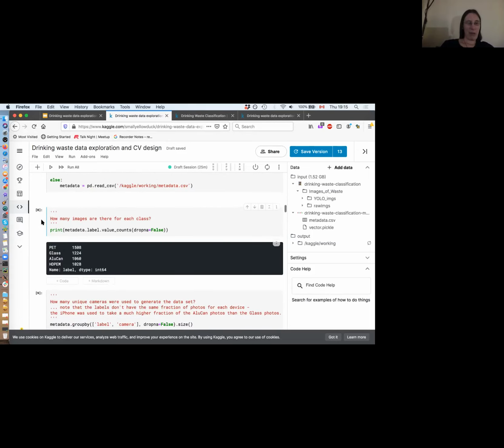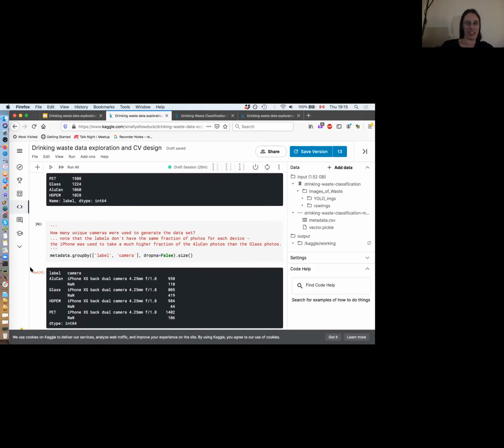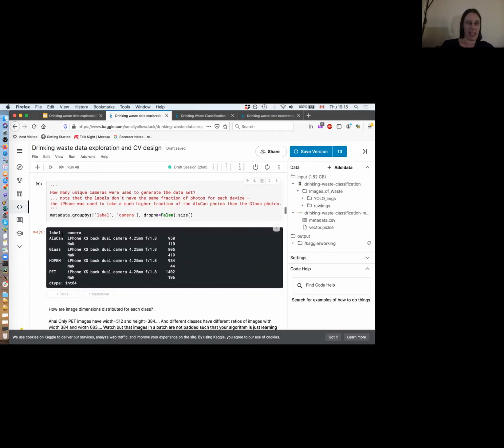Okay, so we can work out how many images there are for each class, and also how many unique cameras were used to generate the data for each class. So this is where things start to get a little interesting. I've got the label, so aluminum can, glass, two types of plastic, and then the camera, and I have counted the total number of images which are aluminum can and iPhone, or aluminum can and NaN.